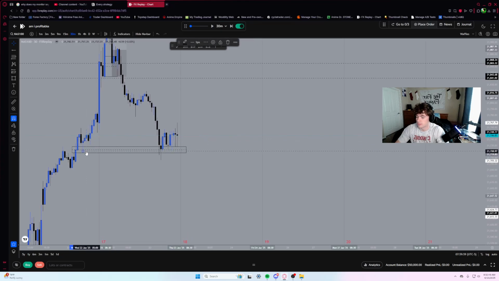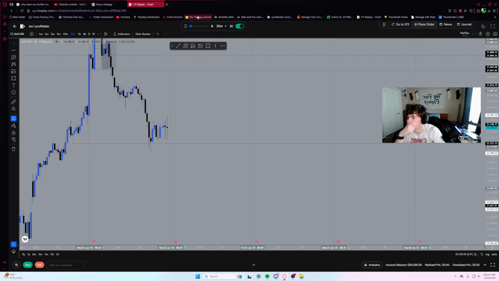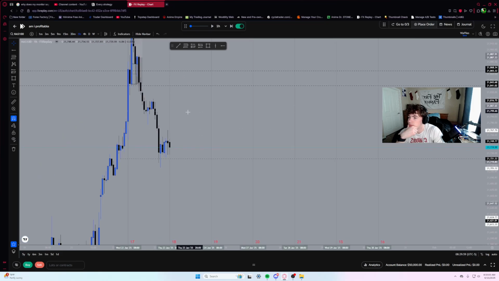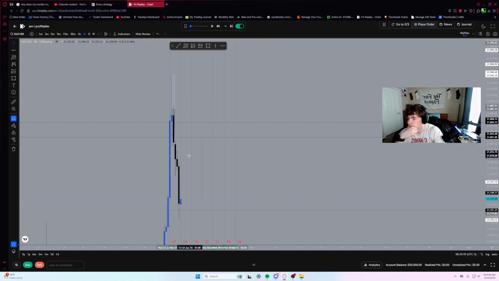Sweeps this liquidity. Price fills this fair value gap. High time frame, we are definitely, or high-ish time frame.